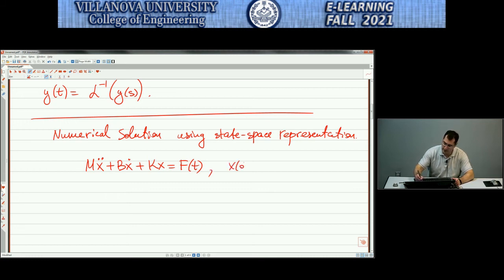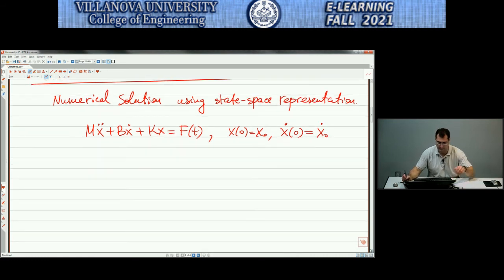This is the initial condition for the position and for the velocity. Again, similar kinds of problems could be found in an electrical engineering or chemical engineering setup. So it's not just limited to the mechanical engineering setup.